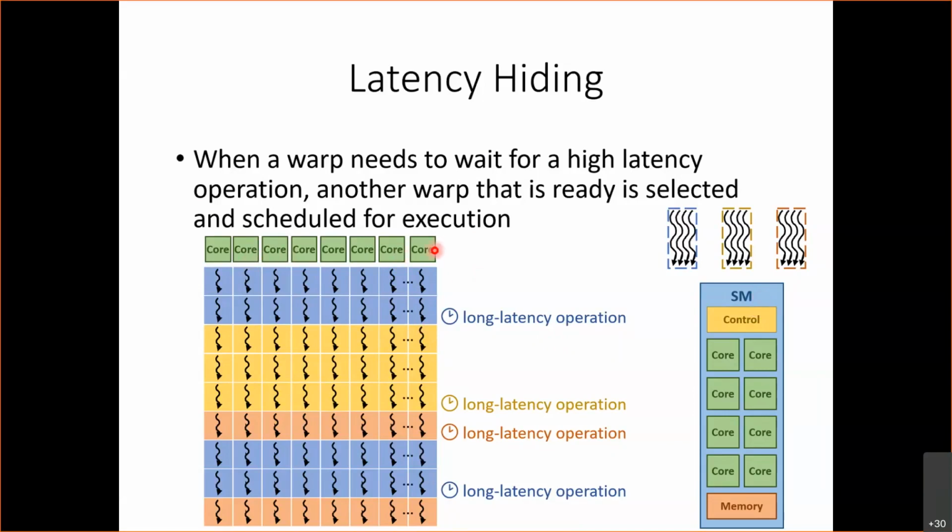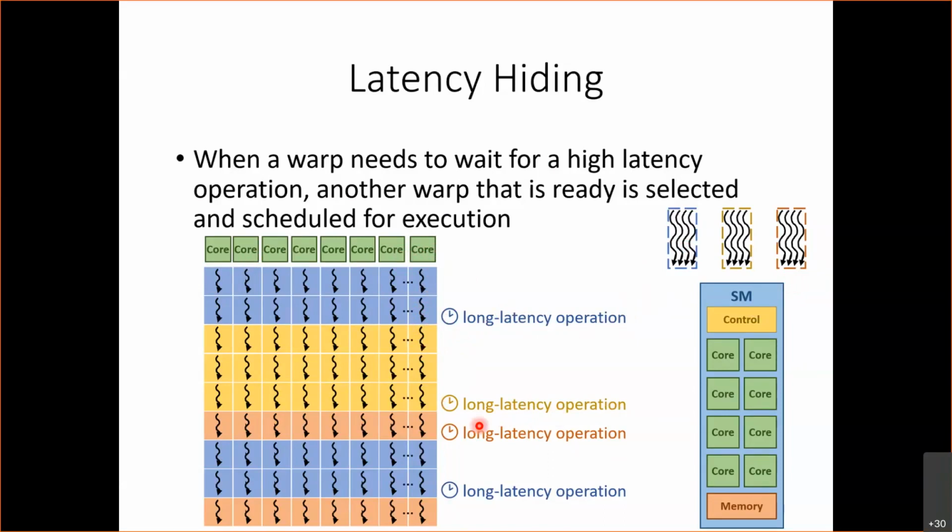Because if I have many more warps assigned to the SM than I have cores in the SM, this ensures that I will always find a warp that is ready to execute. If I only have 2 warps, I execute one warp, it finds a long latency operation. I execute another warp, it finds a long latency operation, and now both of them are waiting to finish their long latency operation, and I'm going to have stalls.